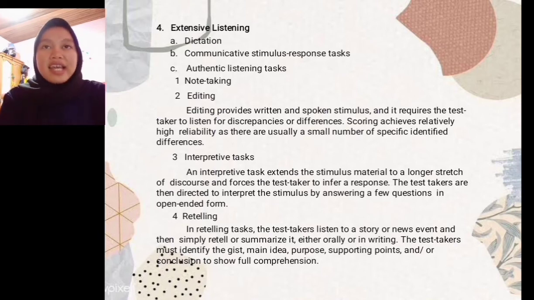For note taking, in the academic world, classroom lectures, usually by professor, are common features of a non-native English user's experience. One among several formats include note-taking by the test takers.